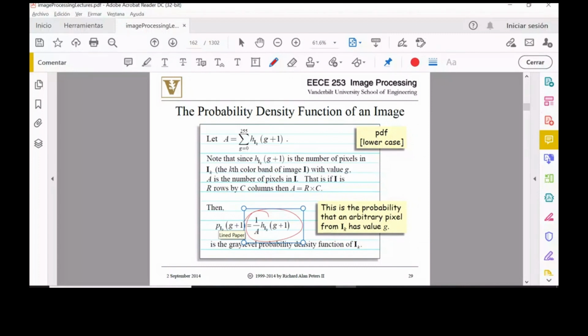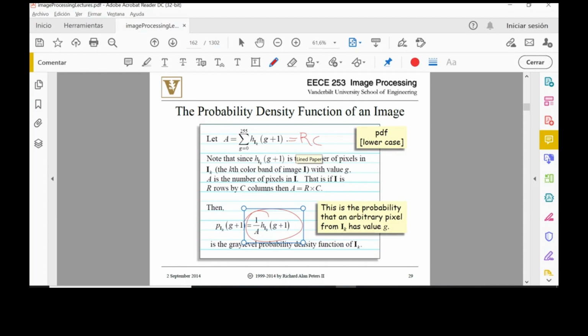Then this is how to transform a histogram into a probability density function. We are simply dividing by the sum of all the values in the histogram. And actually, this has to be R times C, because it is a count of how many pixels have this level, this level, this level.